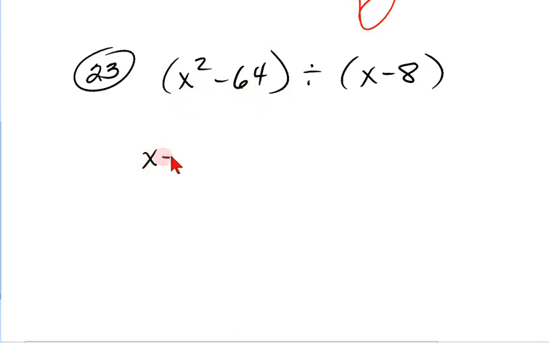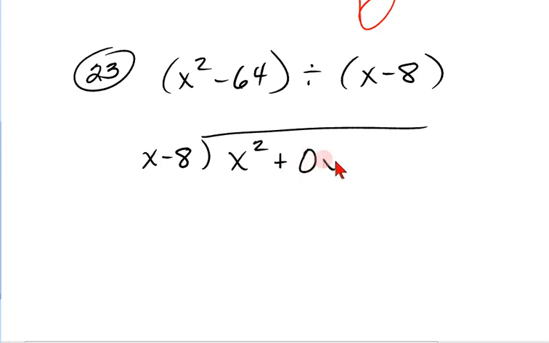So I'm going to divide by x minus 8, and I'm going to divide into x squared plus what? I need 0x minus 64. And this is the issue that you have to be so careful about. It's missing from in here. It goes from x squared straight to the constant, and I need a placeholder. We had a discussion about that, but it's kind of easy to forget.